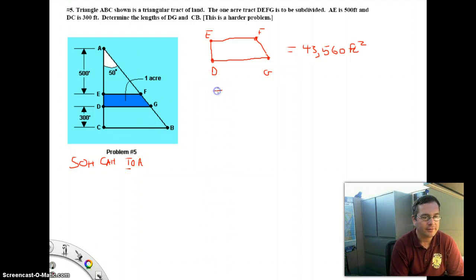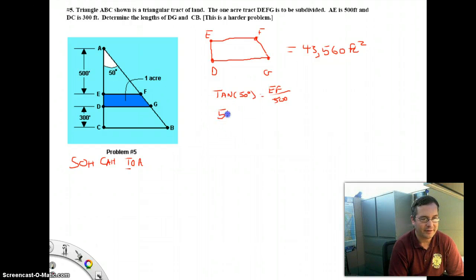So what do we know? Well, tangent of 50 degrees equals the opposite divided by the adjacent. Now we don't know the opposite, so I'm just going to list it as length EF divided by 500.